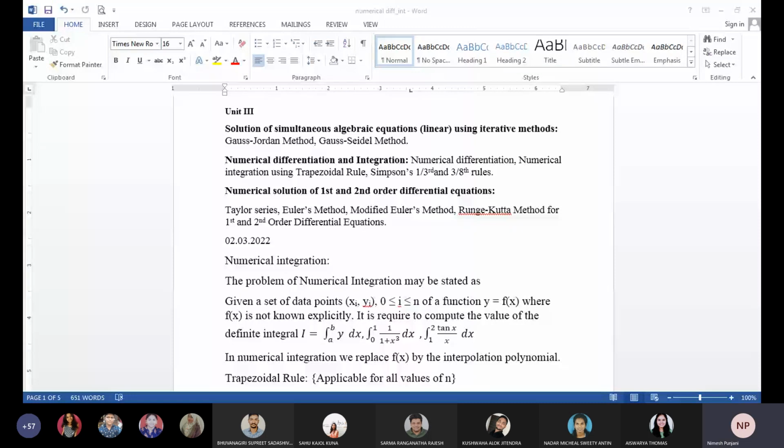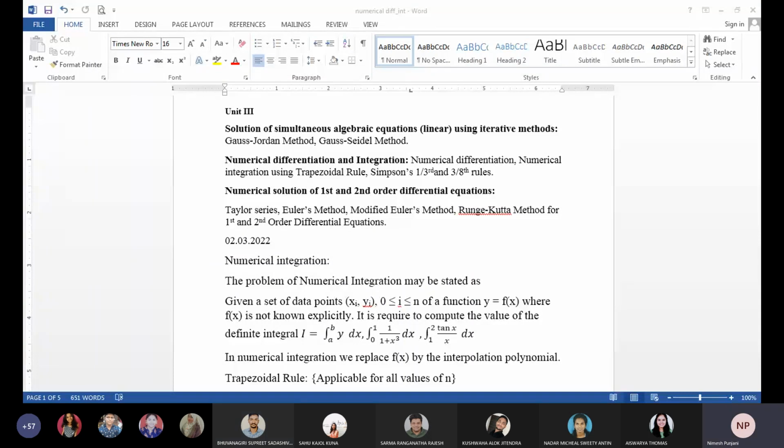What will be the first point if your i is varying from 0 to 2? i takes the value 0, 1 and 2. That is what it means, right? i is greater than or equal to 0, less than or equal to 2. That means i takes the values 0, 1 and 2. So how many points will you get? 3, sir. 3, right?